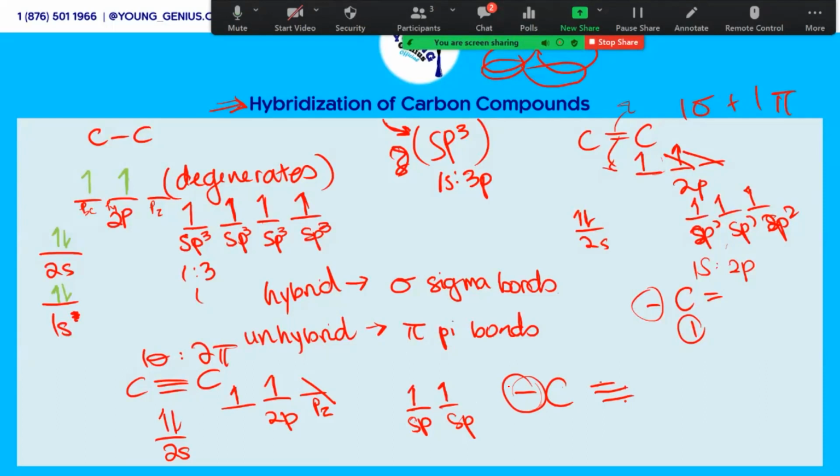All right. So that still works out to four bonds. So this would be one sigma bond, and then one out of these three bonds would be another sigma bond. And then remember, you have two free p orbitals here. So two of the remaining bonds would be two pi bonds.